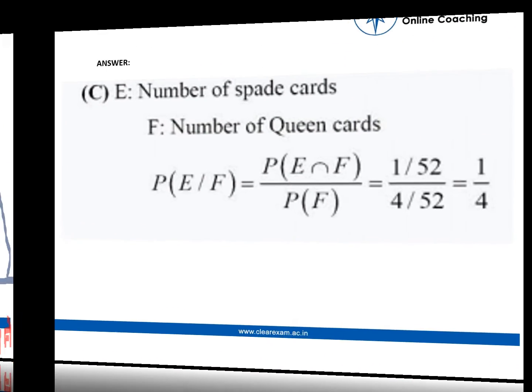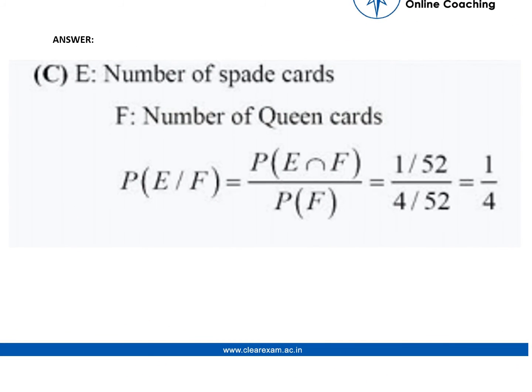Here is the calculation, which says E is the event in which we take spade cards, and F is the event of queen cards.